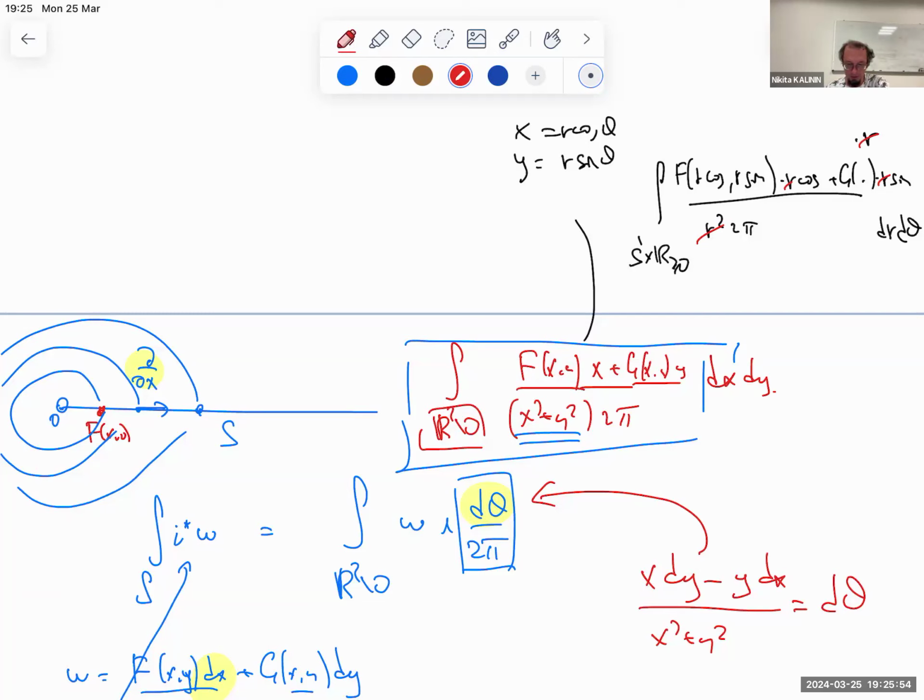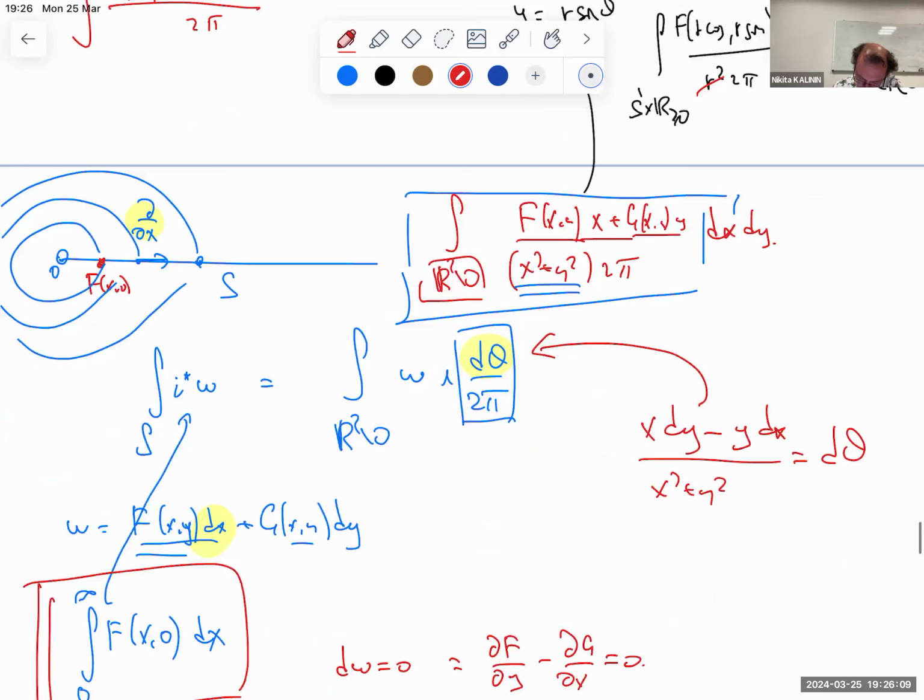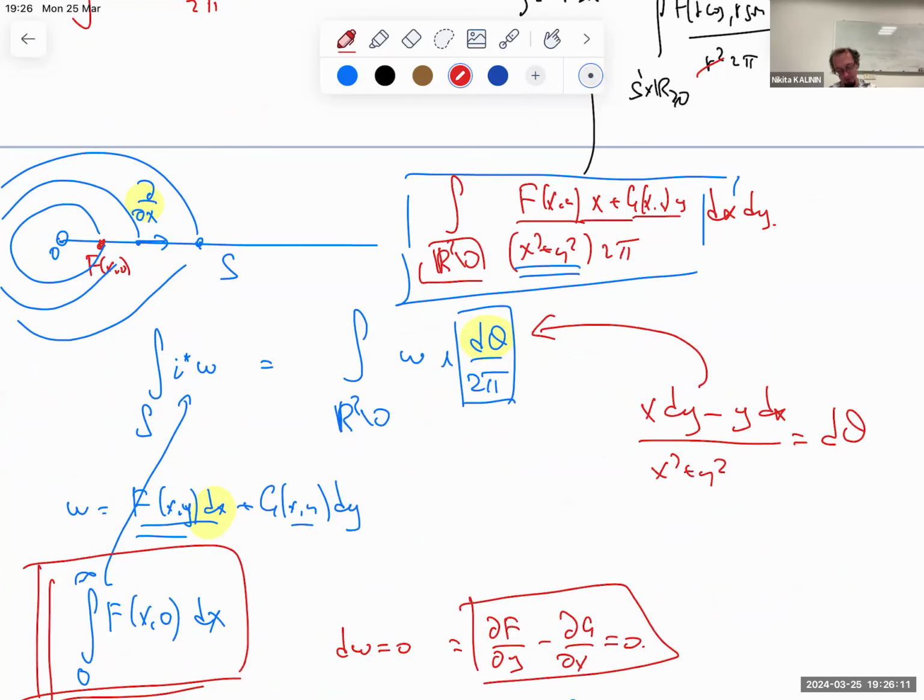So what happens if we integrate by phi? Well, it's difficult, right? Because here we need to integrate r f of this something times cosine plus g times sine, divided by 2 pi. And also we have this strange condition about f and g, but in usual coordinates.